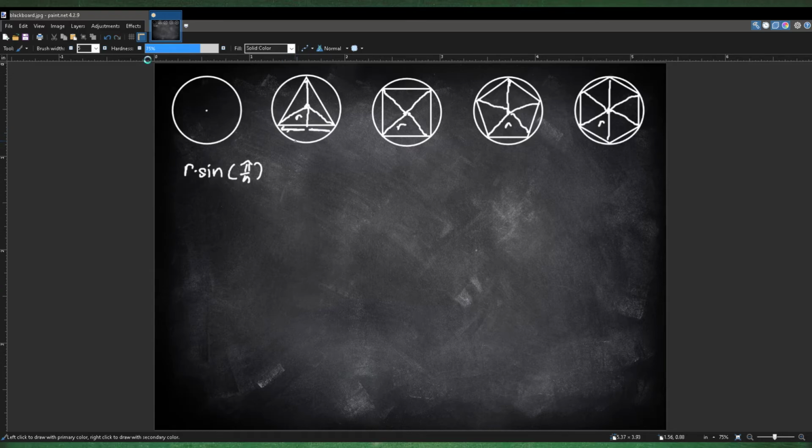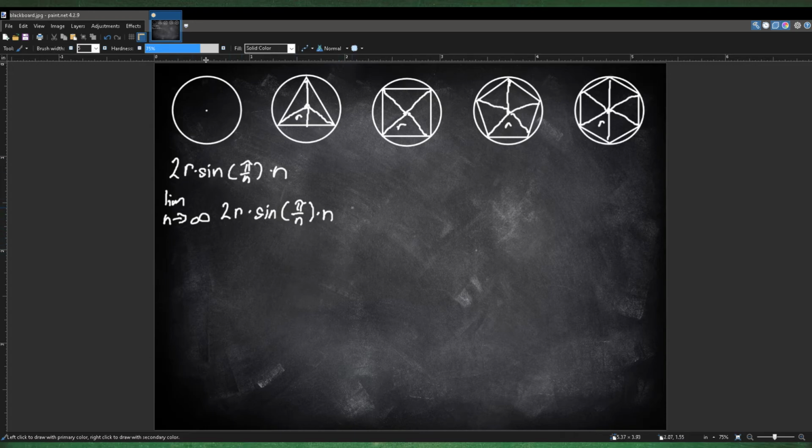We want both lengths, so we need to multiply by 2. Okay, so we got that. Now we just need to multiply by n, because that gives us the sum of all our side lengths. So basically, we do the same thing with another limit: the limit as n approaches infinity of 2r times sine of pi over n times n.